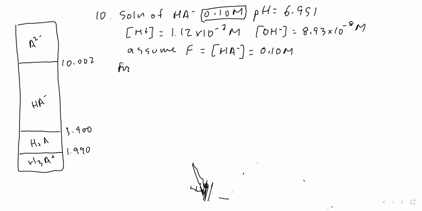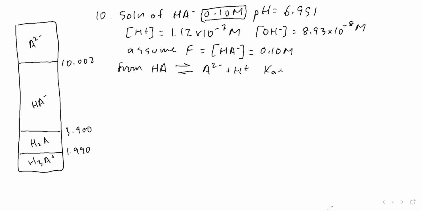So from the third dissociation, HA minus makes A2 minus and H plus.